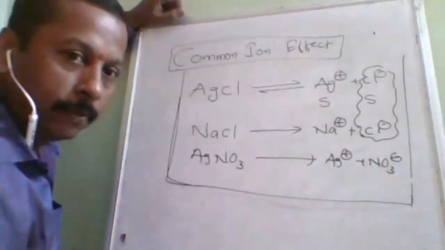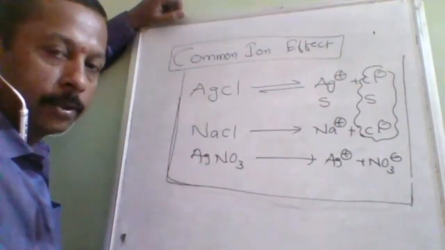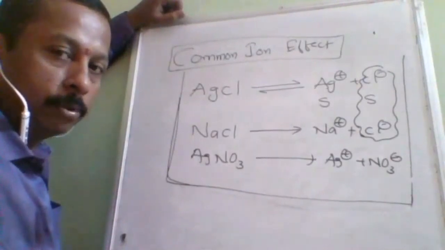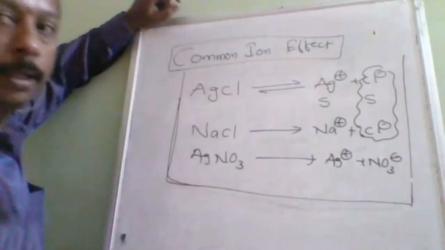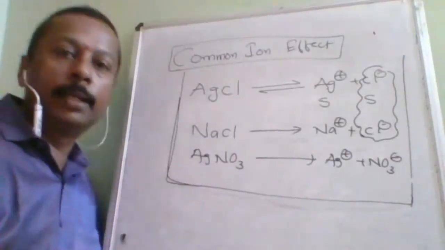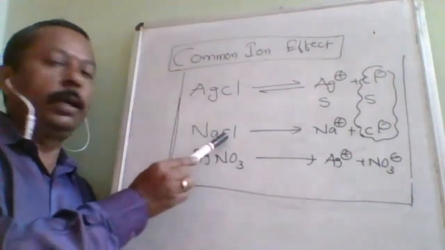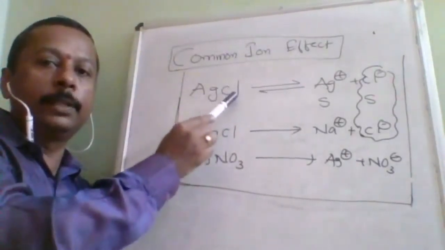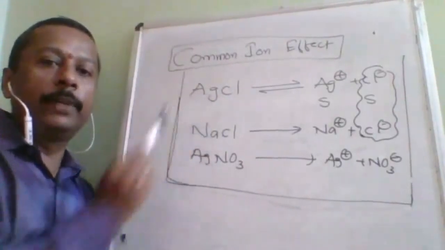That means from this example, what could you understand? You can understand that the common ion effect is shown by both the cation as well as the anion, but it should be provided by a salt which is strong enough. This is strong enough and providing the common ion Cl minus. This is strong enough and providing the common ion Ag positive.